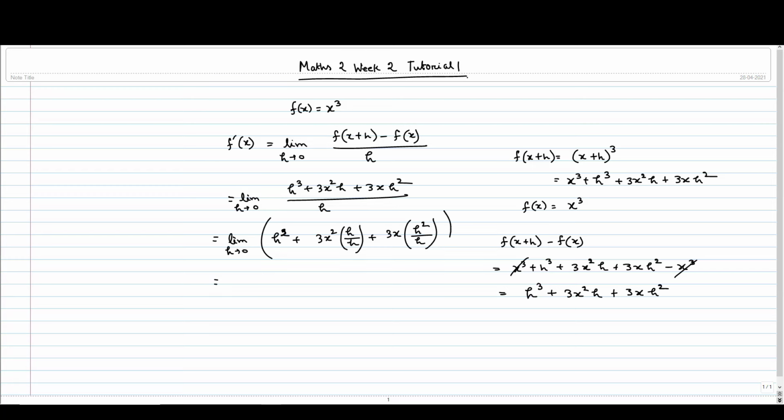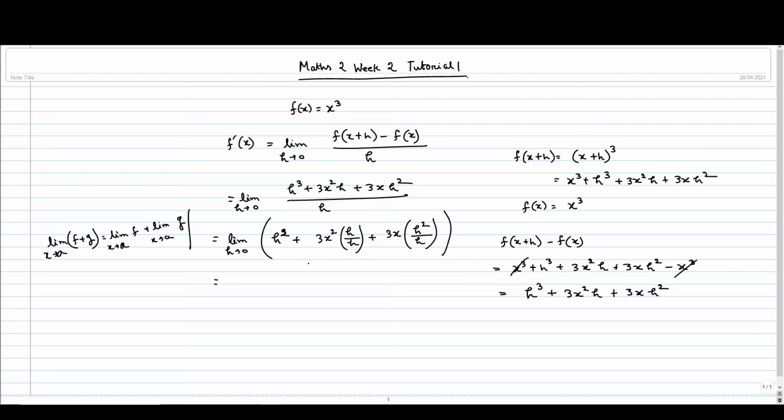As we have seen in week 1, the limit of f plus g, for x tending to a, is the limit of f as x tends to a plus the limit of g as x tends to a.